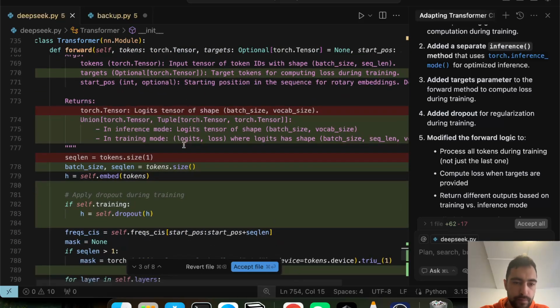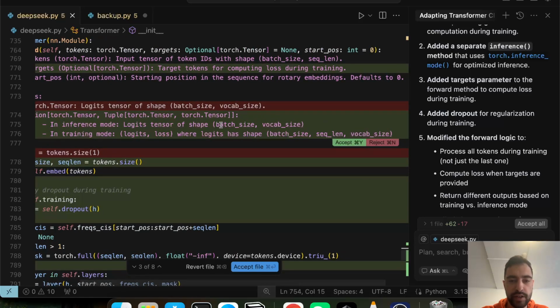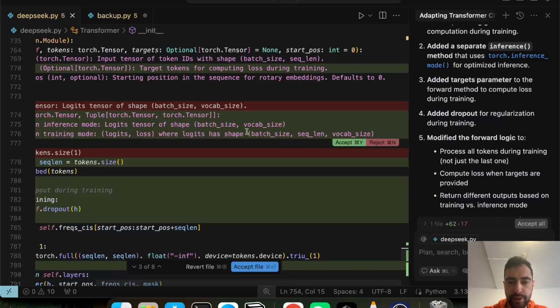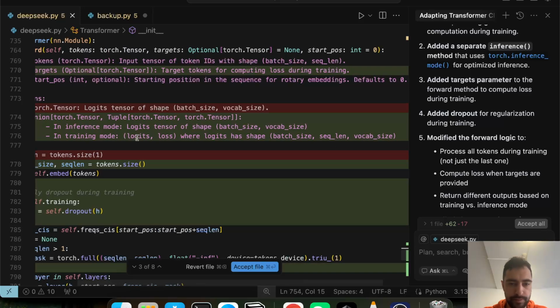Okay, so we have inference mode and training mode, and in inference mode the return is the same, but in training mode it's going to return both logits and loss, and it will have size batch size, sequence length, and vocab size. So not just for the last token, the predicted token, but for each token we will calculate the logits and the loss.